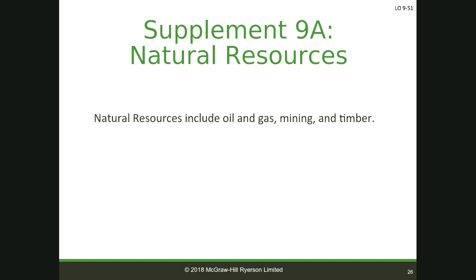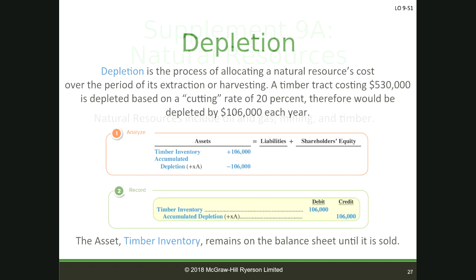Okay, so we'll go forward, and there's a little example I want to review with you. So you can see the heading in this PowerPoint is called depletion. And what we've talked about previously for tangible capital assets, we said they are depreciated, right? For intangible capital assets, we said they are amortized. Amortization and depreciation are very similar processes.